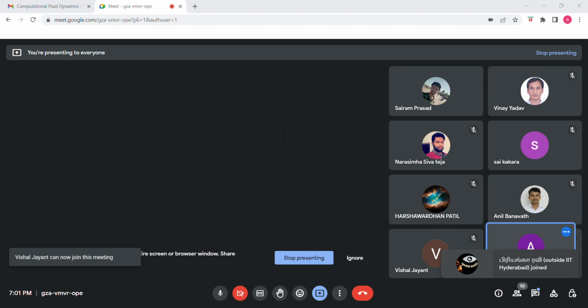The order of this discretized equation is given by the terms that we have ignored as truncation error. Since from delta x we have ignored all the terms in this equation, the order here is delta x. If we have ignored from delta x square, it would be second order. That is what we mean by it.